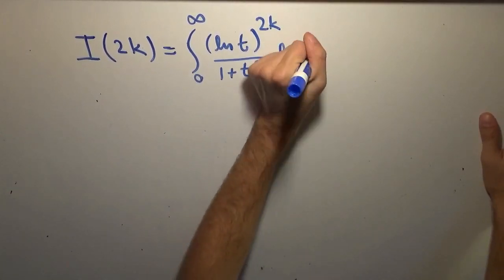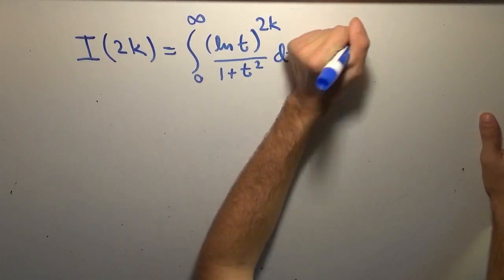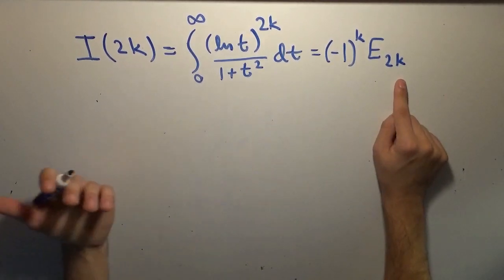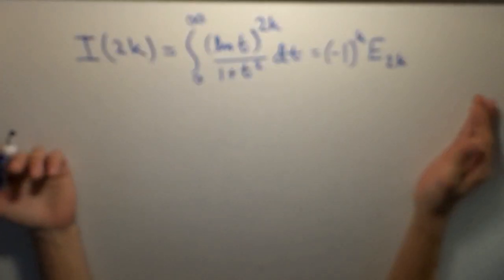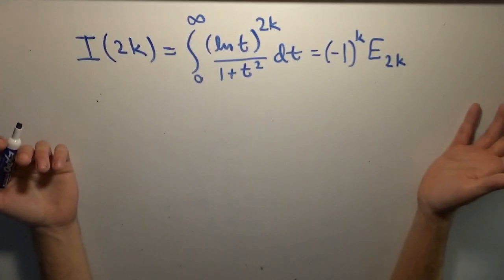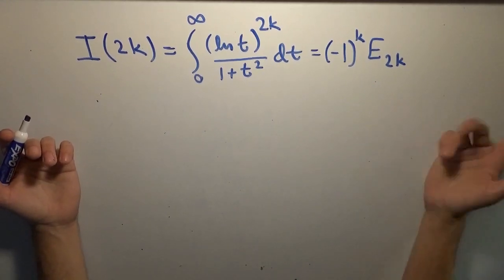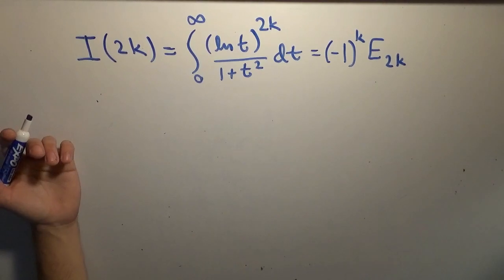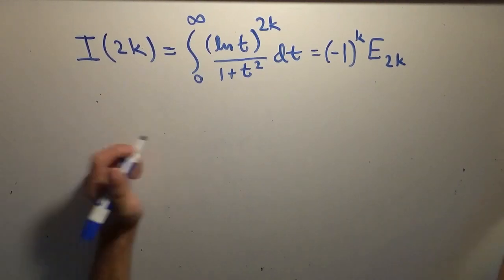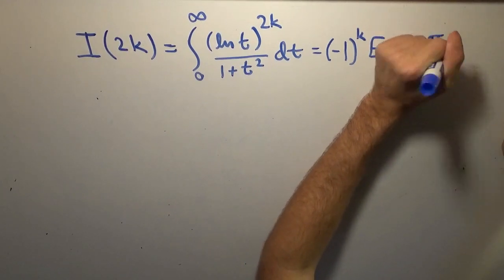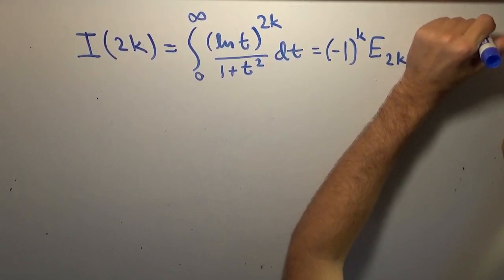I said that this was equal to -1 to the power of k times the 2kth Euler number. But I realized I only said that because I was only looking at the coefficients of all those powers of pi over 2 that we were considering, and I forgot to write them down at the end of the video, so this is not true. What this is actually equal to is this times pi over 2 to the power of 2k plus 1.